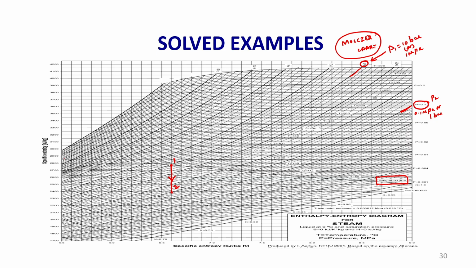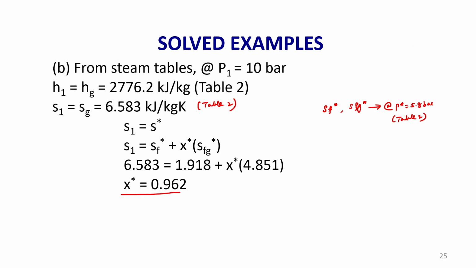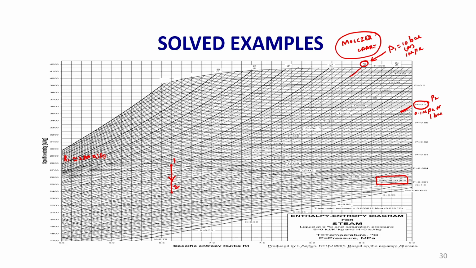So, H1 is approximately equal to 2800 kilojoule per kg, and the entropy value I am getting is around 6.59, so around 6.6. So, entropy S1 equal to S2 is equal to 6.6 kilojoule per kg Kelvin. So, that is how we have to find it out.